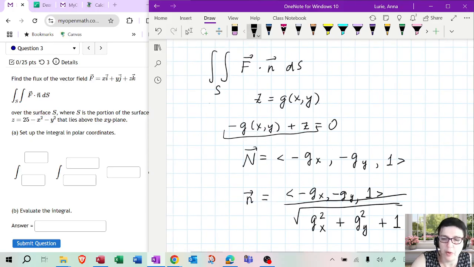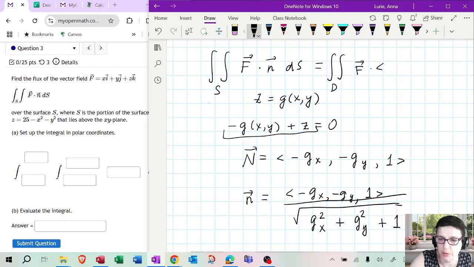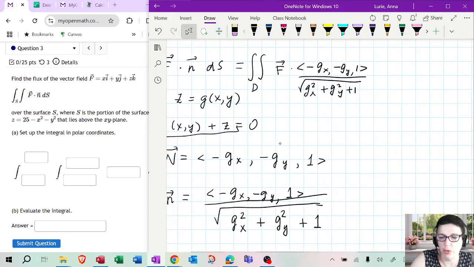But remember when we were switching to a regular dA integral over the projection, what would happen? We would take F dot this n, so that would be negative g x, negative g y, 1, and then we divide by the square root. But remember that the dS part, when you switch from surface integrals to double integrals, you have to multiply by that root.